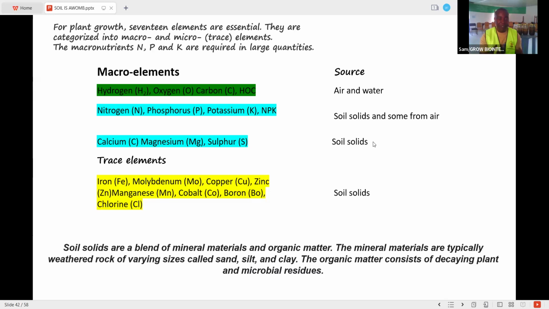Calcium is the one that helps the plants to flower. So it's very, very important in the soil. And each element there has its own work. There is one that helps in transportation, others help in absorption, others help in photosynthesis. So each has their own work.